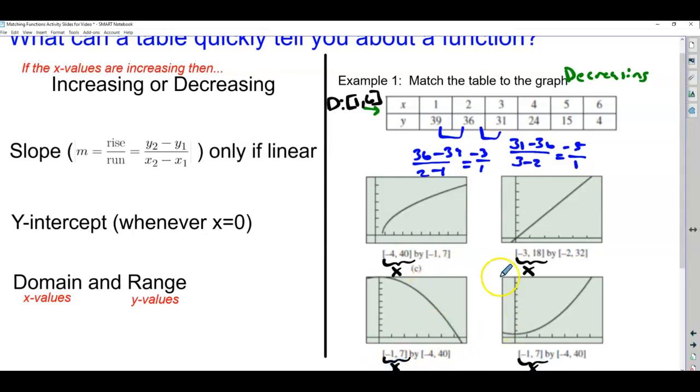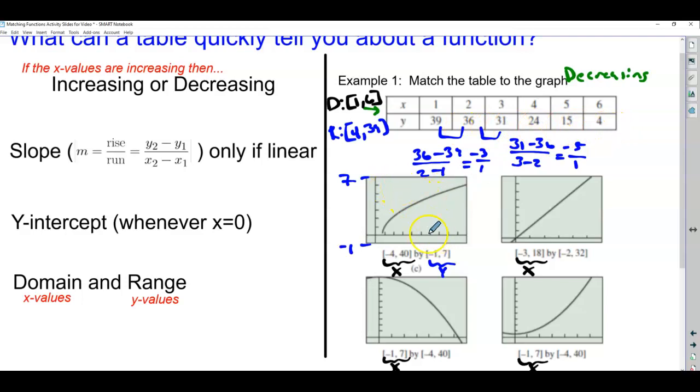So domain doesn't really help us narrow down any choices, but what about the range? The range is always your y values. Look at the y values: the table has a highest y value of 39 and a low value of 4. So my range goes from 4 to 39. We always start with the lowest number: 4 to 39. Here, this says that I go from negative 1 to 7, and that doesn't show all the y values.